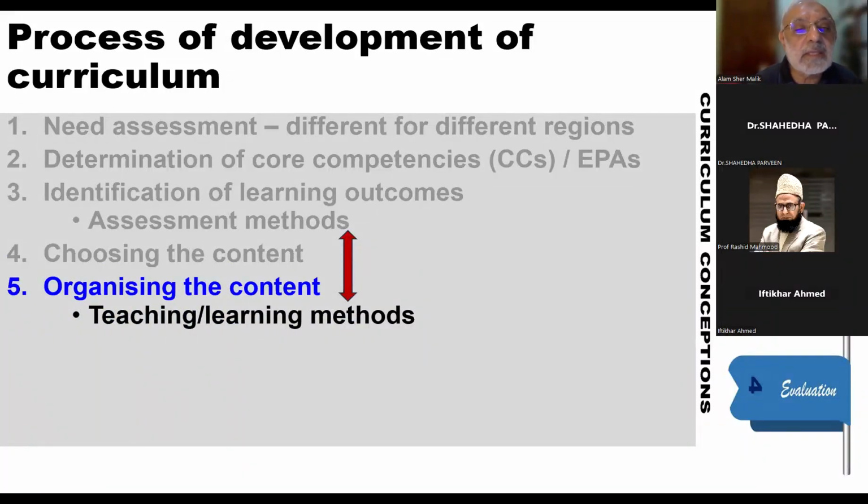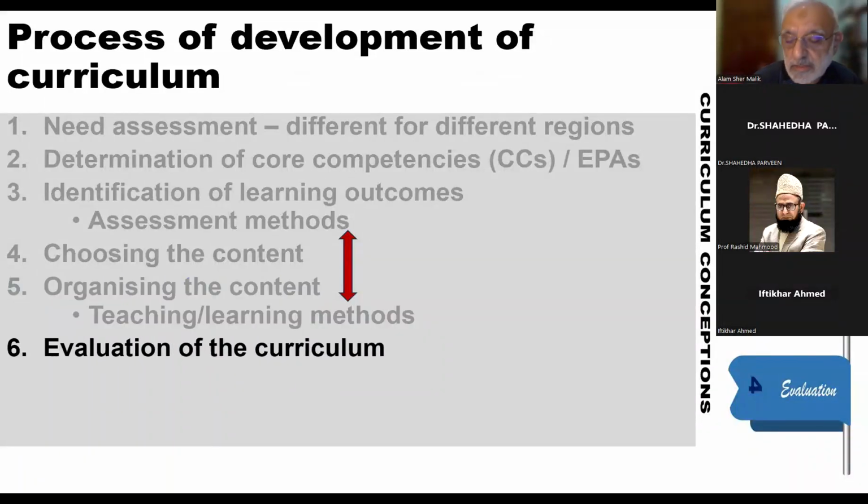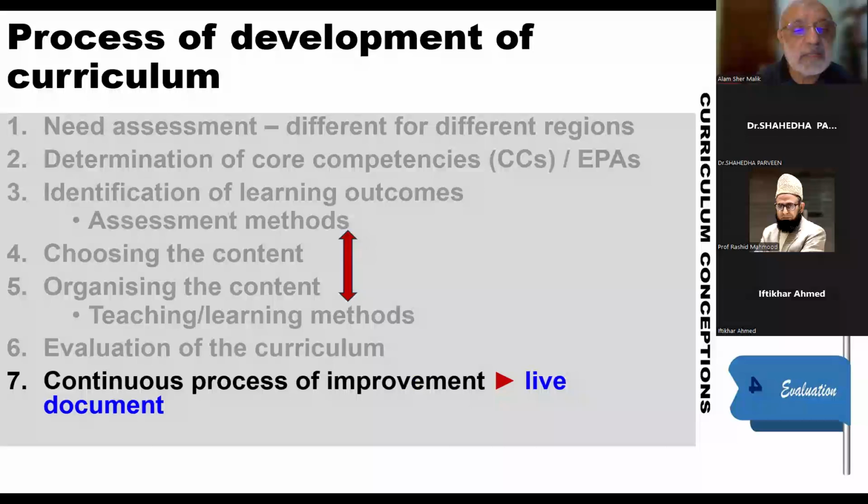And again, the assessment methods would tell us how to teach certain subjects. Then evaluation of the curriculum, and finally, the continuous process of improvement. As I mentioned earlier, curriculum is a live document and needs to be continuously improved.